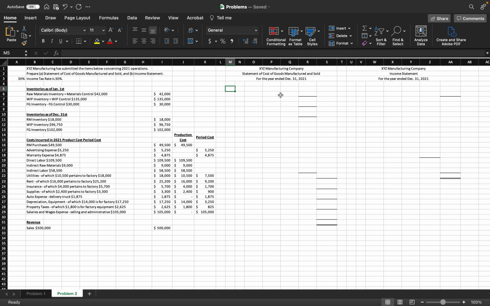I just look it up when I need it. So I know that the raw materials inventory for January 1st, or the beginning. Let me make sure all of these have the right indenting.